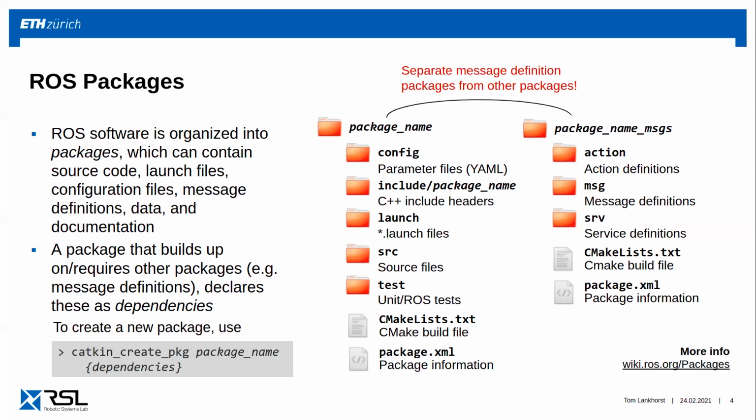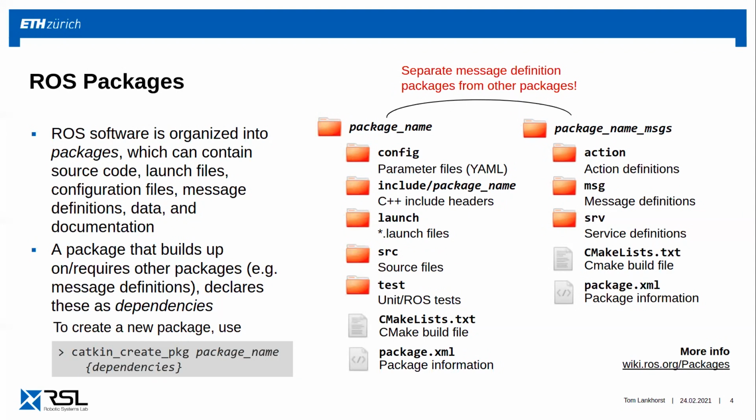For example, if you have a package that does point cloud processing, you can have a separate package, which is the point cloud processor messages, that contains service definitions, message definitions, and action definitions that allow other packages to interact with the point cloud processor package without including the whole point cloud processor package.